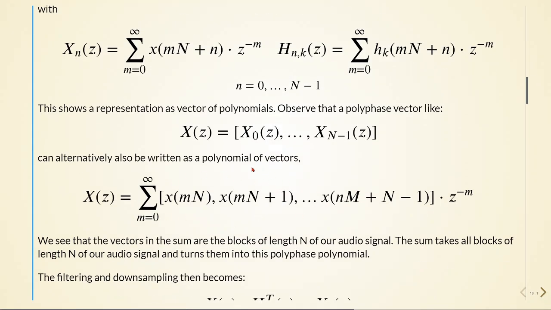This is a sum of x of m times capital N, m times capital N plus 1, and so on, until we have m times capital N plus N minus 1. The vectors in the sum are the blocks of length capital N of our audio signal. The sum takes all blocks of length capital N of our signal and turns them into this polyphase polynomial.